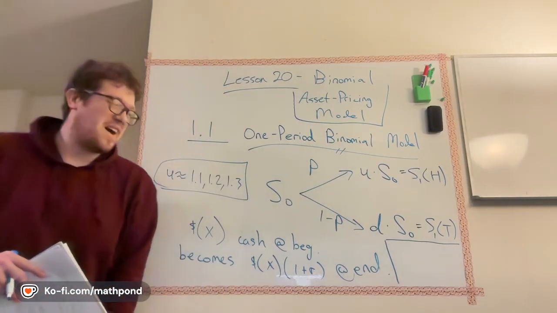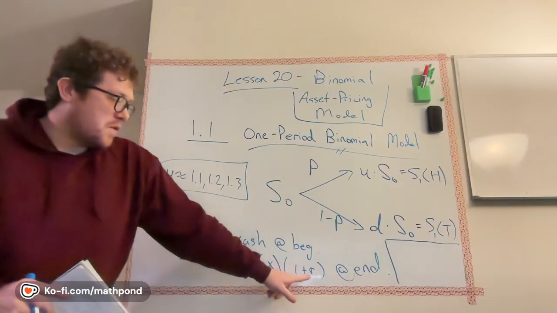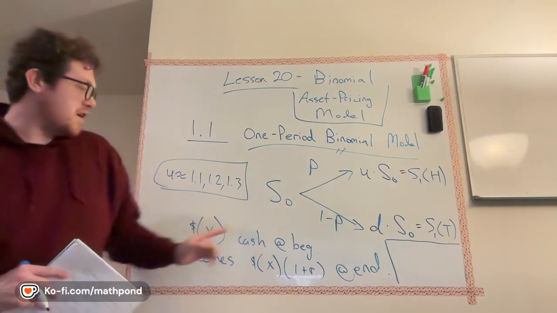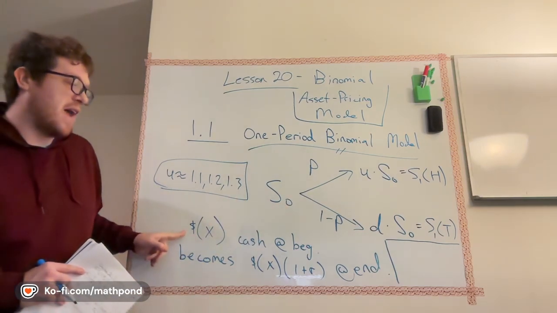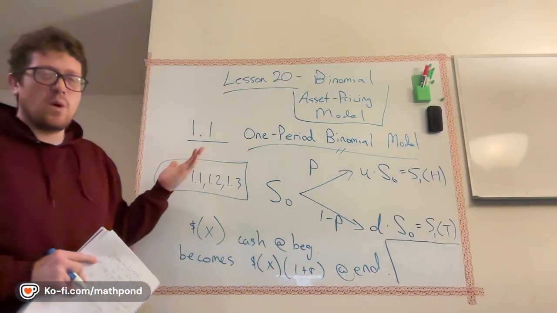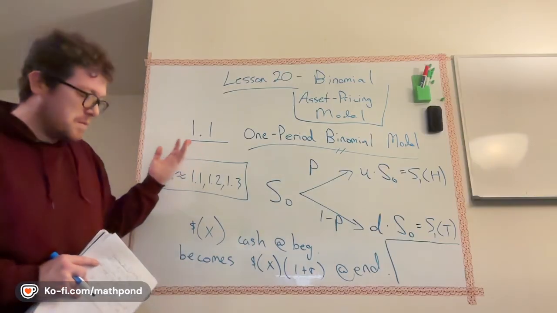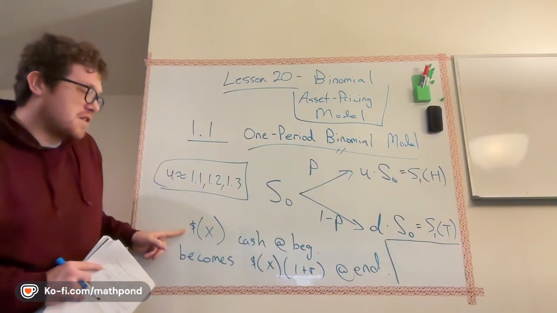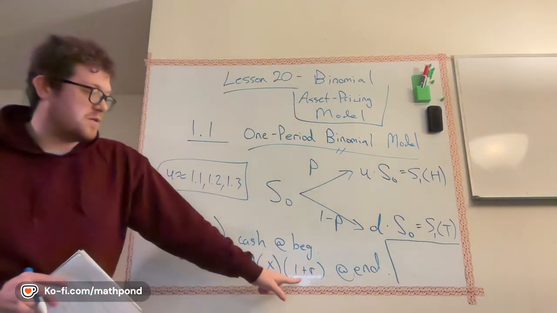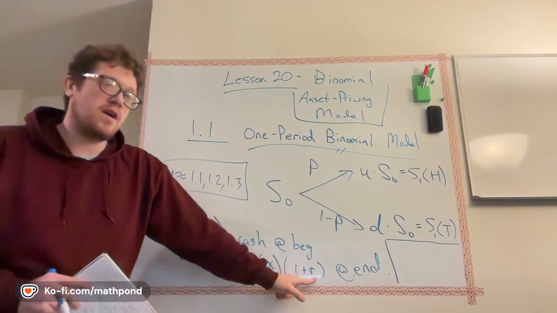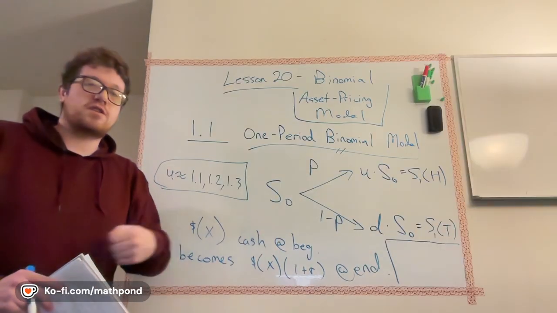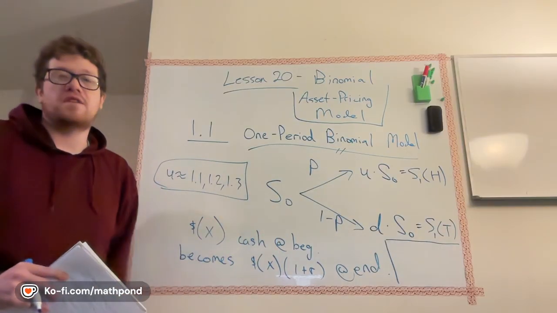The risk-free rate being R means that at the beginning of the period, if I invest X amount of cash into, you're thinking of this as like treasury bills or some overnight rate at the Fed, if I put X dollars in at the beginning of the period, then at the end of the period I will have X times 1 plus R. So basically R is the return that I'm getting just for not taking any risk, just for loaning your money to the government, basically.